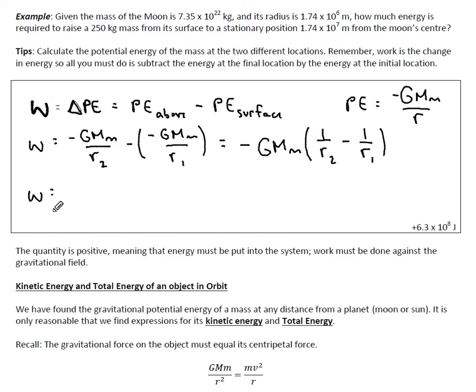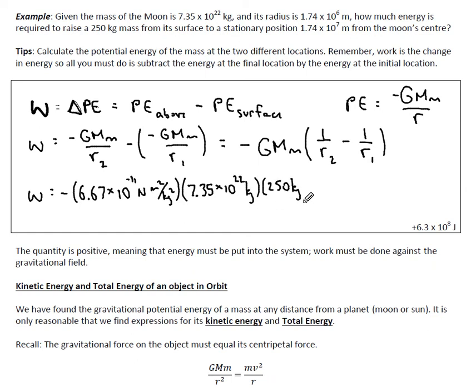Now just go ahead and plug in our values. We have negative 6.67 times 10 to the negative 11 newton meters squared per kilogram squared. And we're going to multiply by the mass of our two objects, 7.35 times 10 to the 22 kilograms, and our other object's 250 kilograms.